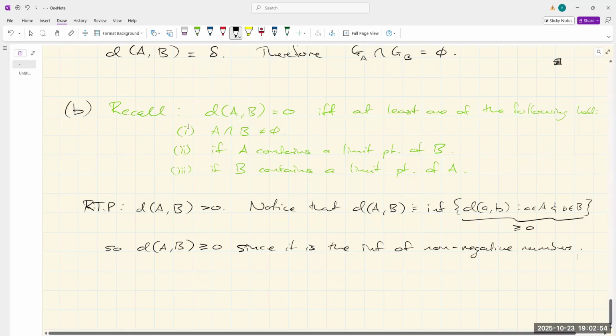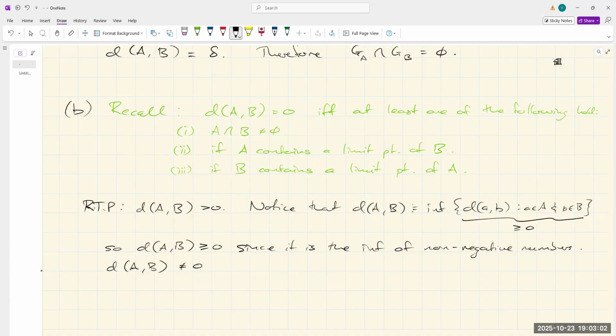It is not 0 since A and B are disjoint and compact.